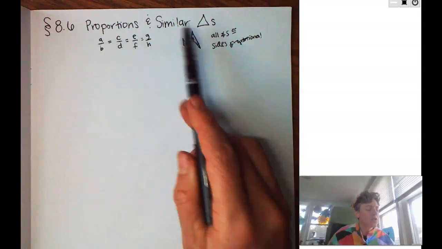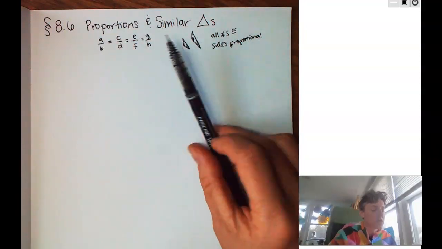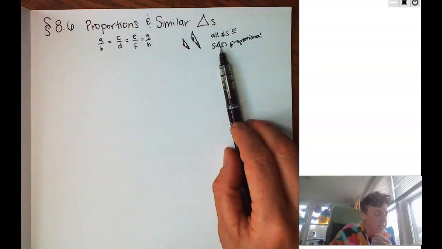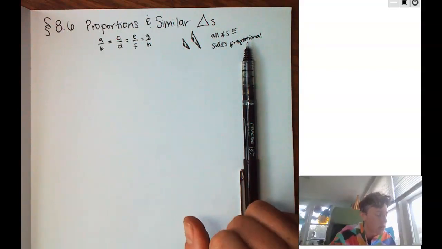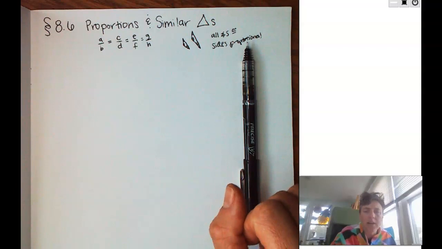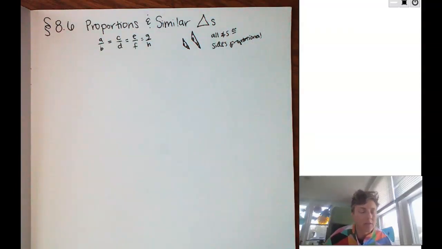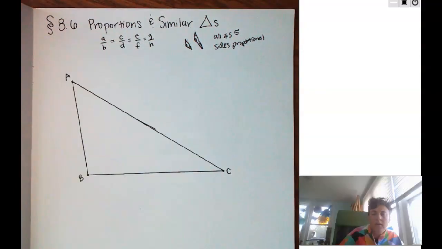Proportions and similar triangles. Specifically, we're going to be interested in what those proportional sides look like in these similar triangles. So let's draw ourselves a beautiful triangle ABC so we can talk about it. Now, I'm going to tell you we can make a similar triangle with one segment.